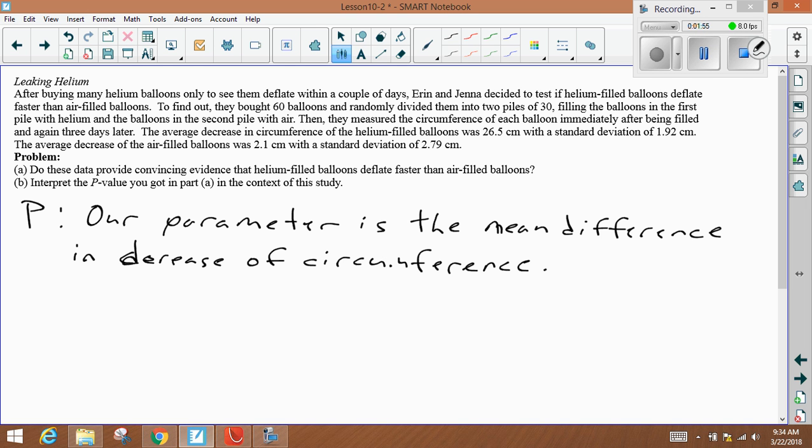What does that look like? Let's go mu sub helium minus mu sub air, I guess.